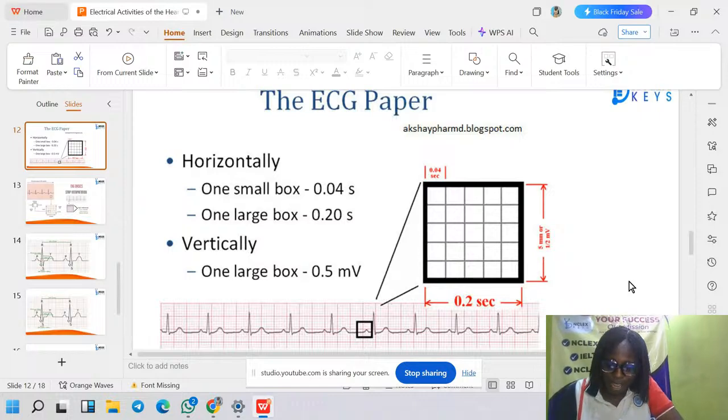How many boxes can you count there? How many large boxes could you count there? You should have finished counting.